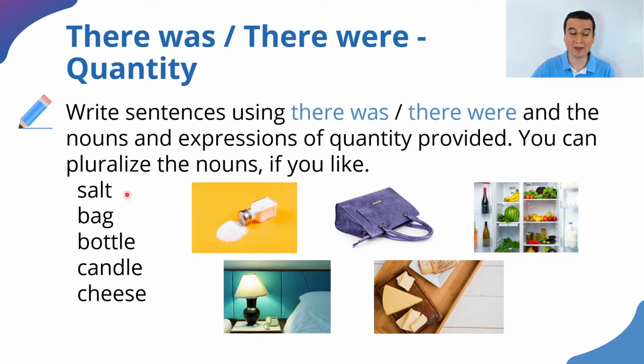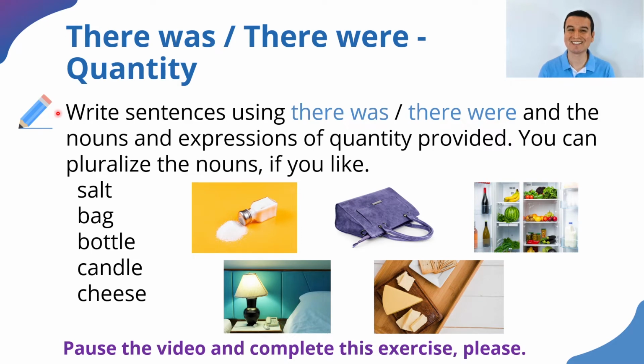And here they are: salt, bag, bottle, candle, and cheese. So with these nouns, please write sentences using there was and there were, and the expressions that you already know for quantity. All right, go ahead, pause the video, complete the activity.